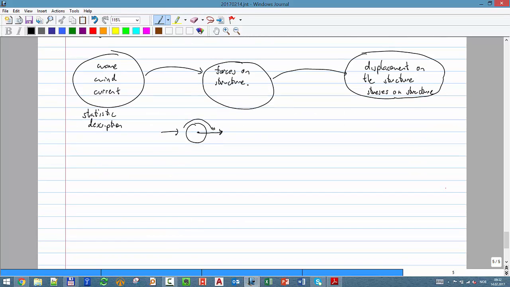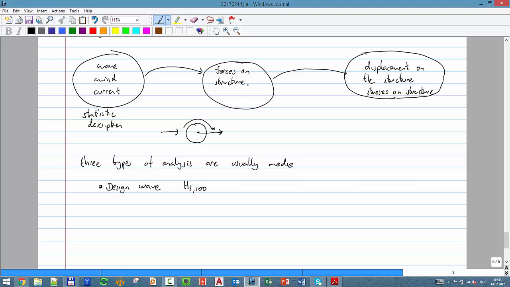We are not going to go into detail on that, but there is one thing that I want to mention. Three types of analyses are usually made. One is using a design wave, where you use the HS100.